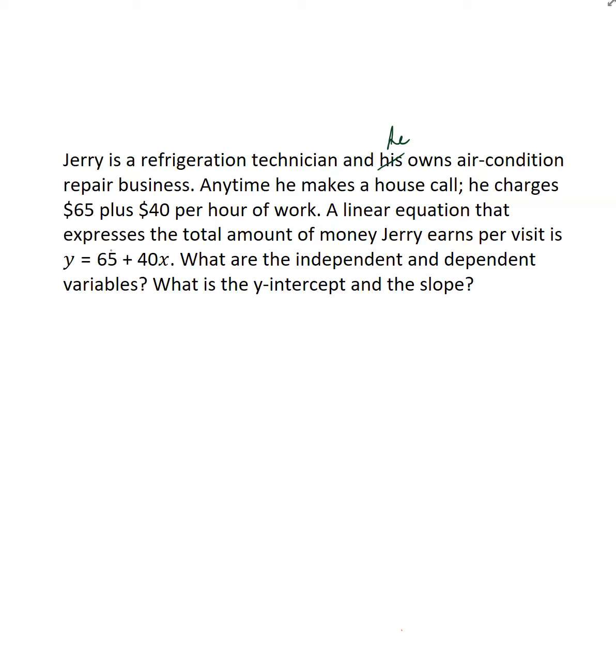So if it's 1 hour, it's $40 plus the 65. If he works for 2 hours, it's $40 times 2, which is $80 plus 65. If he works 3 hours, then it's $40 times 3, $120 plus 65, and so on. Does that make sense? So that is what is given to us as y equals 65 plus 40x.